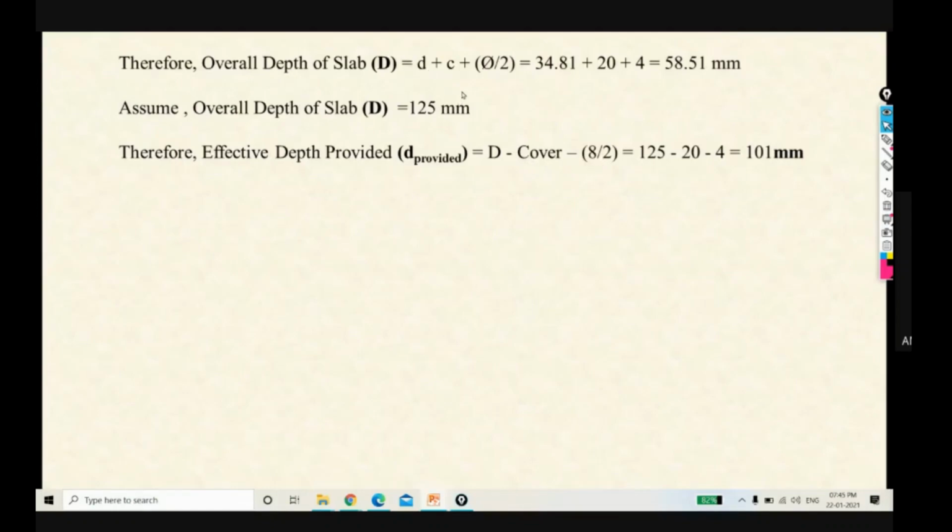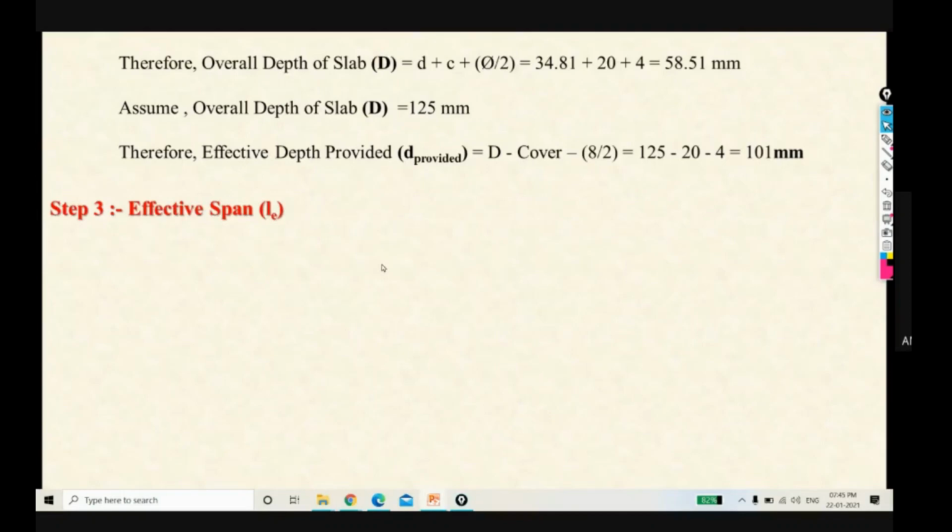Now clear cover and half of the diameter we have to reduce from the overall depth for the calculation of effective depth. So 125 minus 20 minus 4, that is 101. So provided effective depth is 101 and overall depth is 125. These two dimensions we will fix for design purpose.